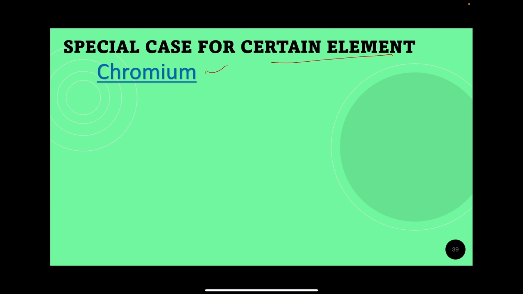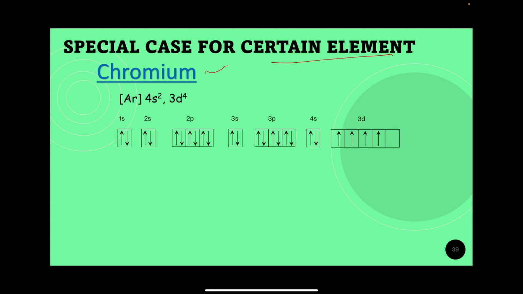So for chromium, if we follow the normal way, following the 3 rules of Aufbau, Hund's rule, and Pauli, you will get the electron configuration like this: argon, 4s2, and 3d4. And then if you draw the orbital diagram as usual, you will get 4s2 and 3d4.